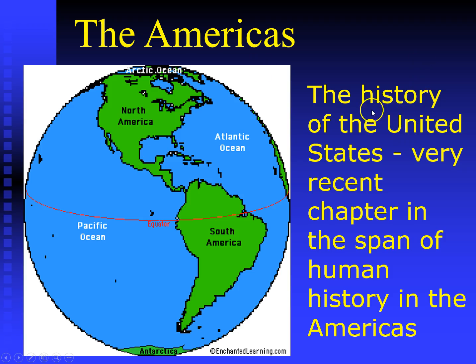So the way to look at this is the history of the United States is, in a sense, a very recent chapter in the span of human history in the Americas. And it's very easy to see. You can take any part of the world, especially Asia, Europe, Africa. You always see at one time in history one civilization dominate an area. Then another civilization comes and replaces it. It supersedes it.